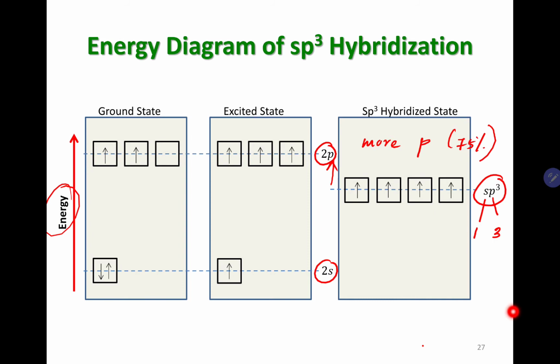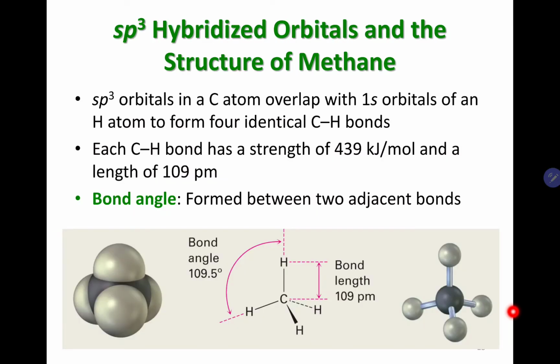So when carbon is forming bonds, it will have four orbitals that are equivalent to each other, and once they are formed into bonds, you can't distinguish them. Let's say each of these four sp3 hybridized orbitals bonds with a hydrogen atom. All four of these carbon-hydrogen bonds will be equivalent.